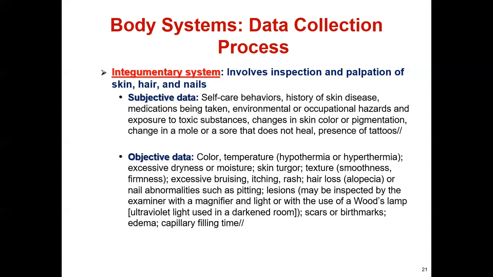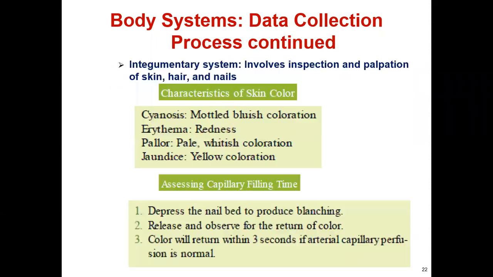So red spots, bruising, rash like petechiae, ecchymosis, or hair loss, alopecia, or nail abnormalities such as pitting, koilonychia, leukonychia, some kind of lesion. It is good to include these in the history.